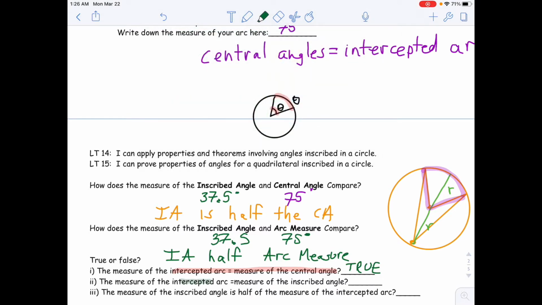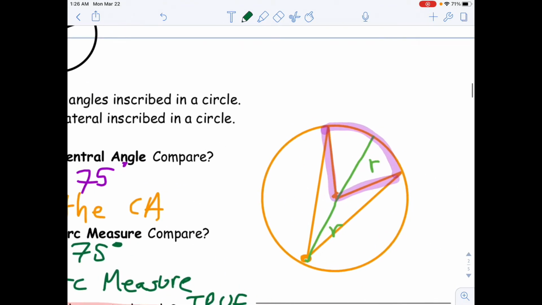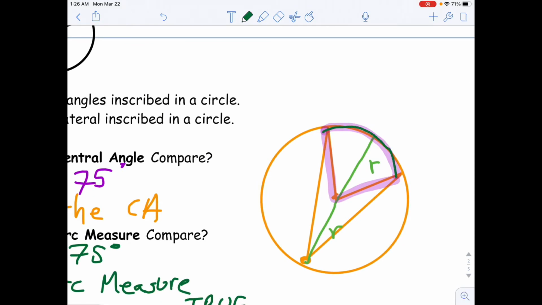The next one is the intercepted arc equals the measure of the inscribed angle. This right here, ladies and gentlemen, is false. All right, the intercepted arc, so again, we can zoom in right here.